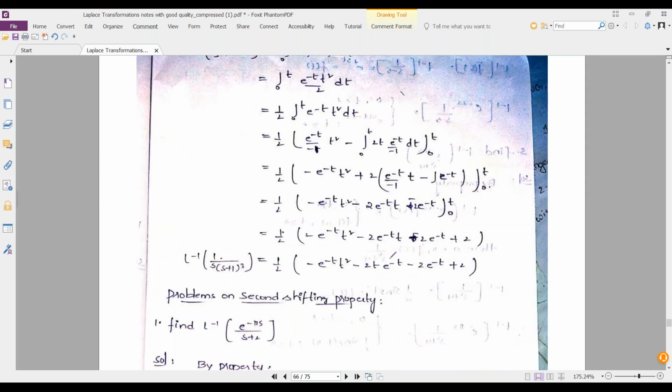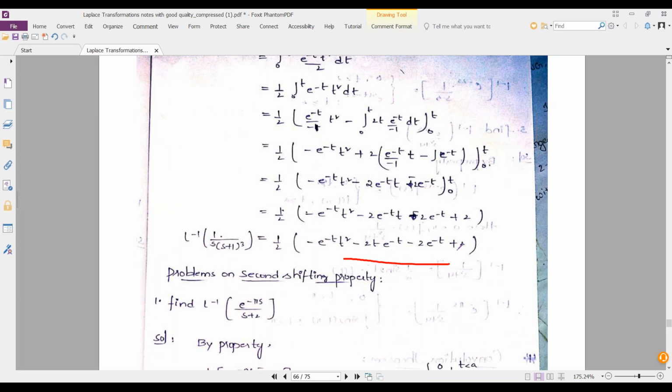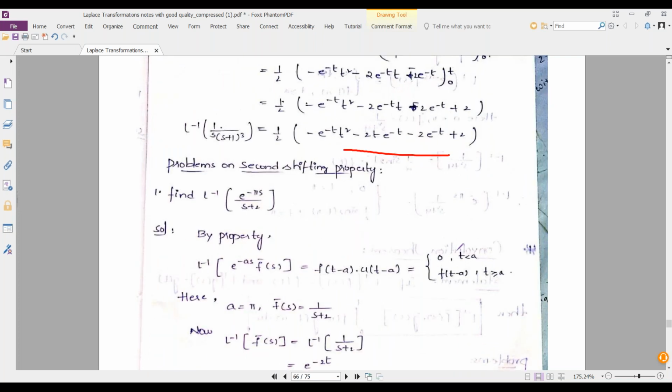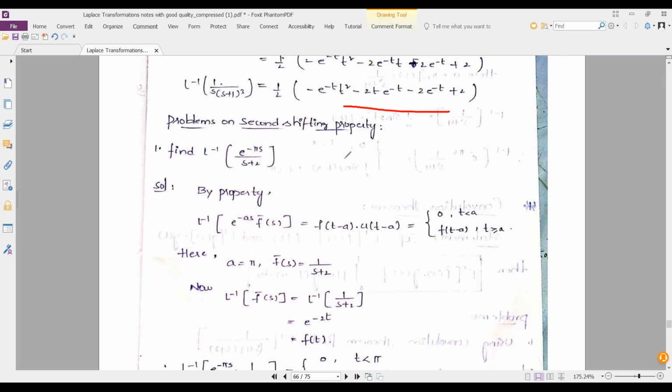Now the second shifting property means e power minus as times f of s equals L of f of t minus a times u of t minus a. Based on this, apply L inverse on this.